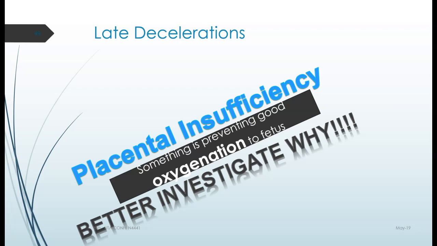The only thing he can do is drop his heart rate because he didn't have enough oxygen. So his heart rate's going to drop. The contraction is over. Blood flow is reestablished through the placenta. It's going to take a minute to be absorbed across, travel through the cord, travel to the baby, travel to those chemoreceptors to get that heart rate back up to normal.